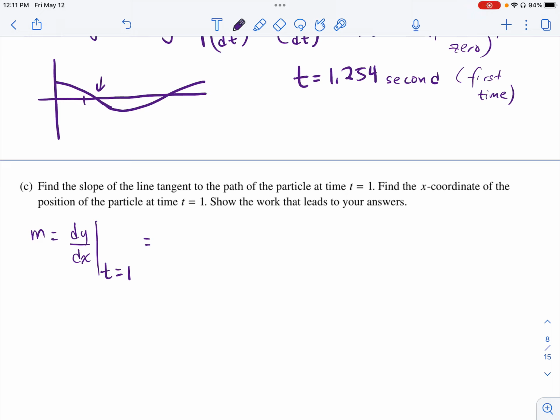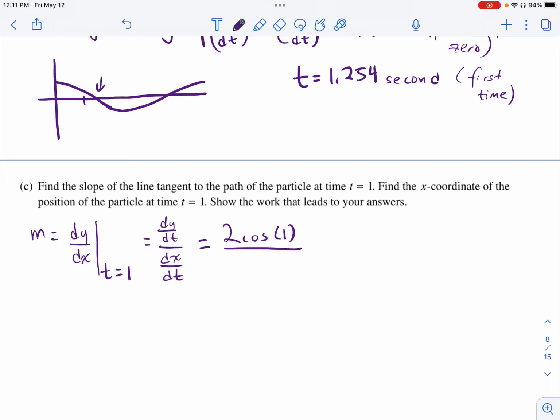To find dy/dx, we're going to need dy/dt over dx/dt. dy/dt was not given, we figured that out in part A, but dy/dt evaluated at 1 is what we want to put in there.